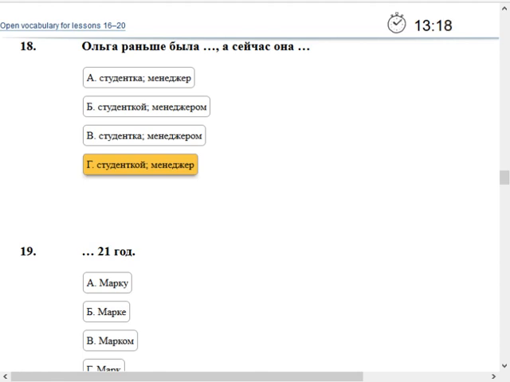So first word, studentka becomes studentkoi because it's instrumental case, and then manager just stays manager. Manager is a gender-neutral job title here. You've noticed many jobs have male and female titles, but manager is a gender-neutral job title, and so it just remains manager.